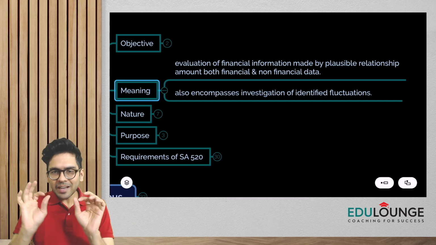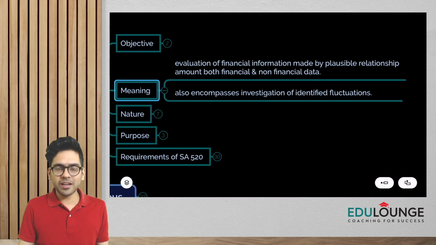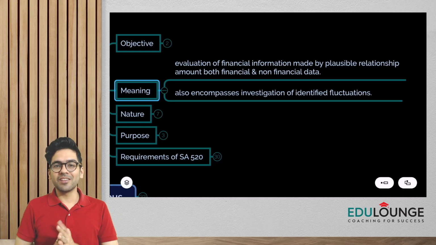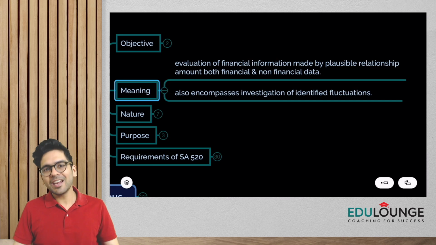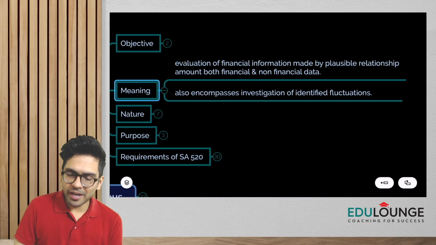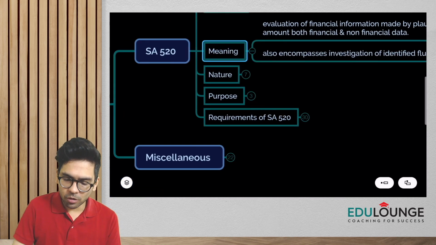There has to be some plausible relationship. For example, if I say GST upon sales, there is still a relation, so it makes sense to do such a comparison, right? So when I say analytical procedure, guys, remember it is evaluation of financial information made by plausible relationship among both financial and non-financial data.